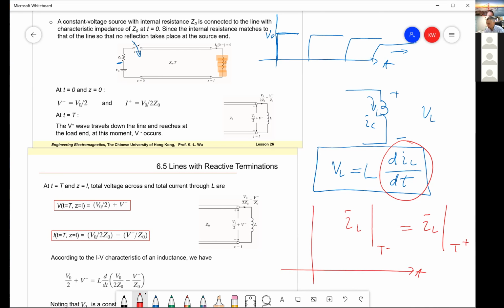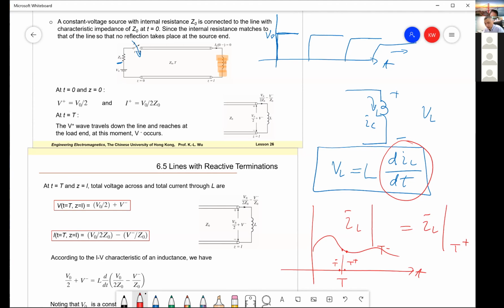If this is the time axis and this is t, then the current at t minus and at t plus must be continuous. If not continuous, you cannot use this, you cannot differentiate, right? But we need to use this property.